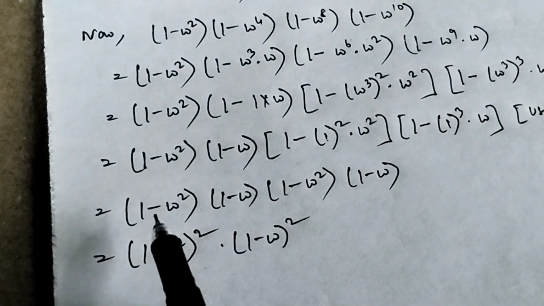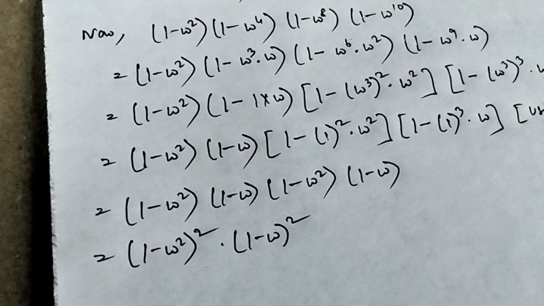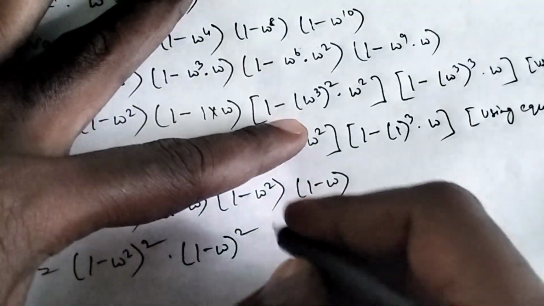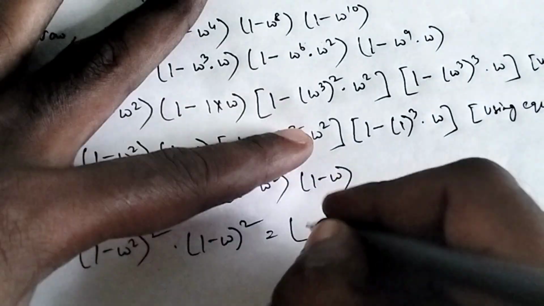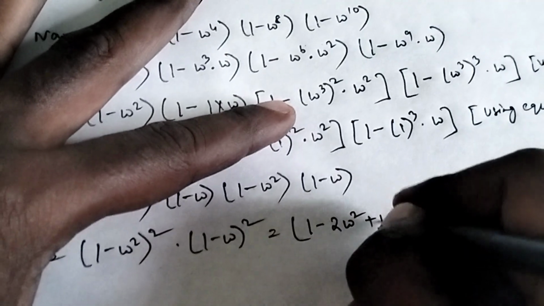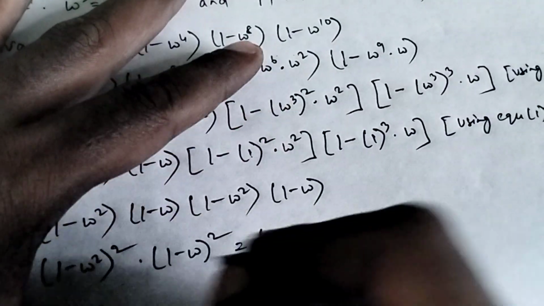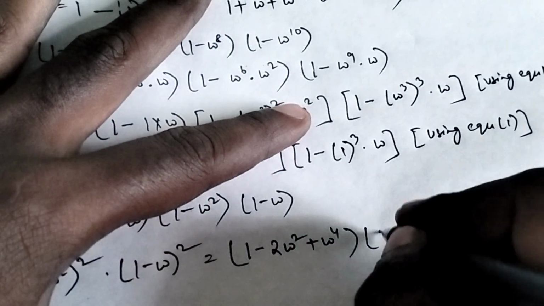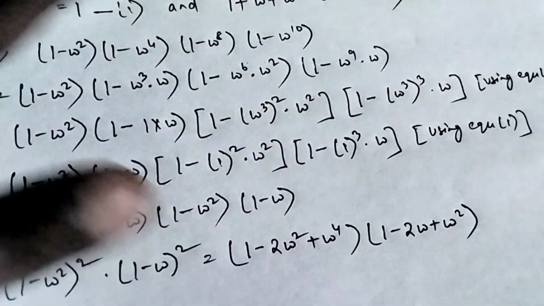Now 1 minus omega square whole square will be 1 minus 2 omega square plus omega to the power 4. And 1 minus omega whole square can be written as 1 minus 2 omega plus omega square. Clear?